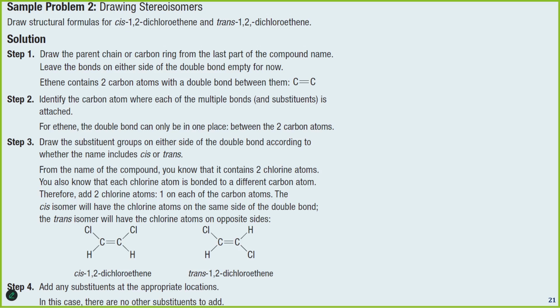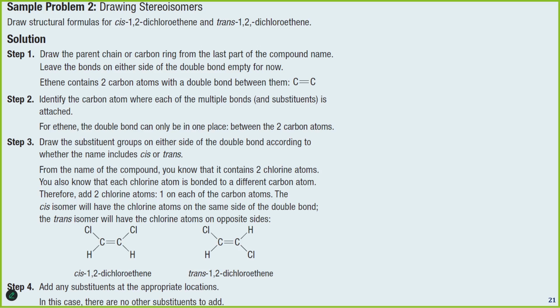You also know that each chlorine atom is bonded to a different carbon atom. Therefore, add 2 chlorine atoms, one on each of the carbon atoms. The cis isomer will have the chlorine atoms on the same side of the double bond. The trans isomer will have the chlorine atoms on opposite sides.